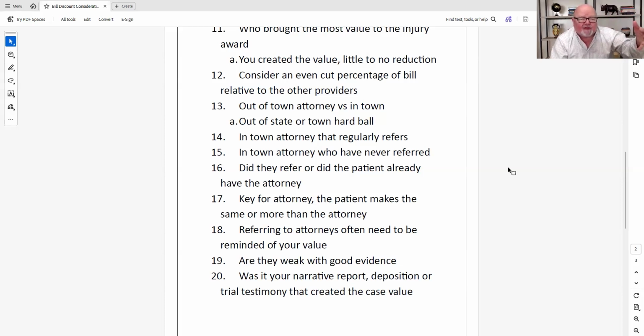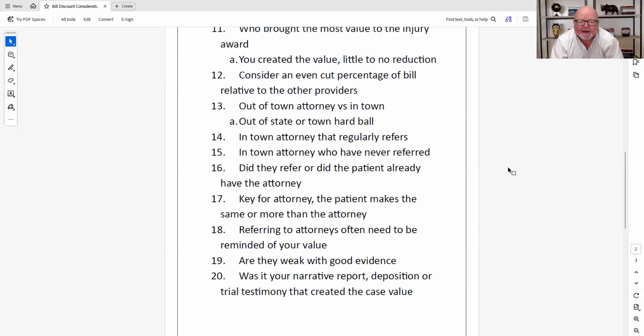Now, that's generally not true if they're one of your existing patients who gets an accident and gets an attorney on their own without getting one of your referred attorneys. Even if they break for whatever reason, they'll leave that attorney and stick with you. It's wherever the emotional connection is. That's what matters. So did they refer? Did the patient already have the attorney? That's how that works.